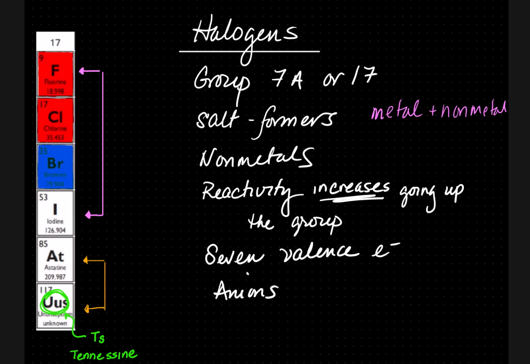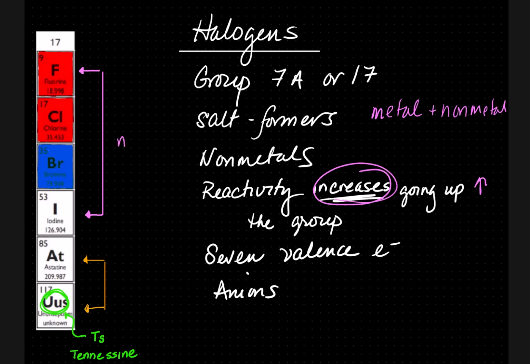These are all nonmetals. Unlike group 1, their reactivity increases going up the group. So the most reactive element here is fluorine. Fluorine, chlorine, bromine, and iodine are nonmetals, and the remaining 2 are metalloids.